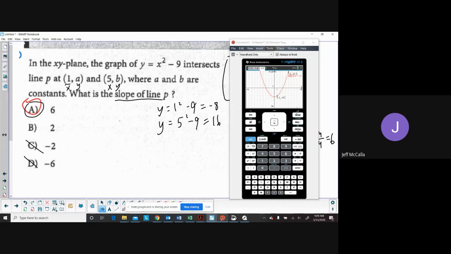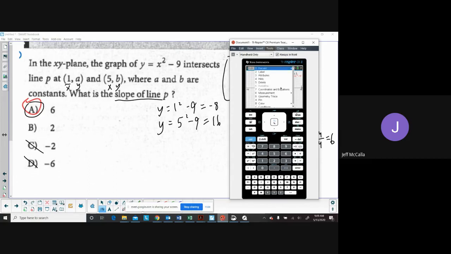This is actually something you can do. I don't think I would probably recommend this, but you can go to geometry and draw a line in there. So I'm going to draw a line from that point to that point. If you right click, go to coordinates and equation.